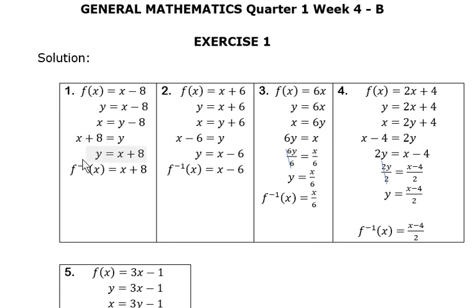Then we just swap by the reflexive property of equality: a equals b is also equivalent to b equals a. Then we have y equals x plus 8. And finally, instead of writing y, we write f inverse of x equals x plus 8. Therefore, given the function f of x equals x minus 8, its inverse is x plus 8.